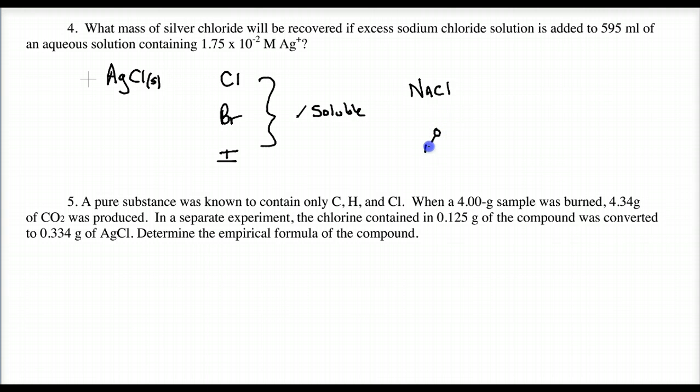water's negative part can compete for the positive ion, and its positive part can compete with the negative ion. What I mean by that is if you have a crystal of an ionic compound, you have a sodium plus and a chloride minus.